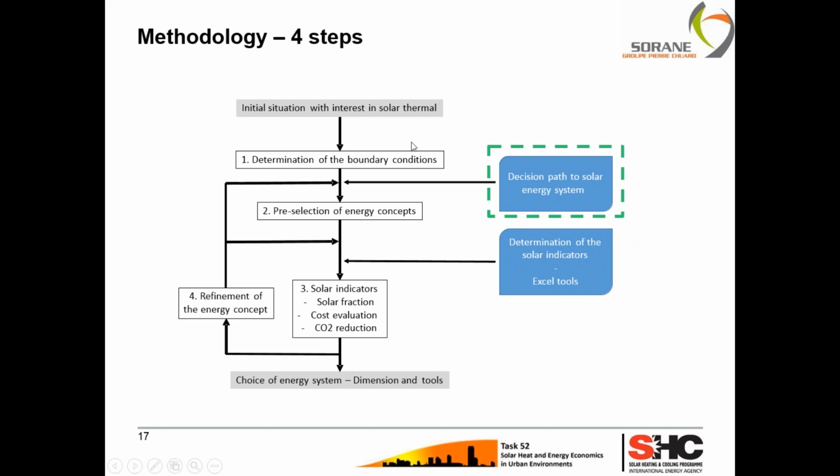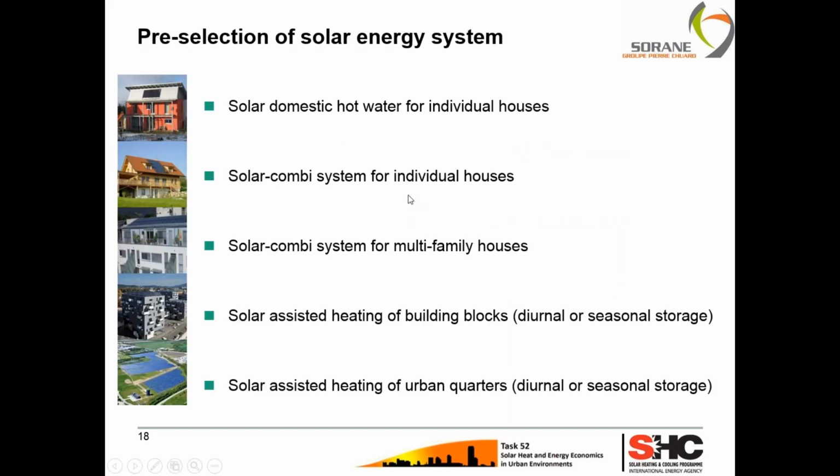And we developed a decision path, which is in fact a decision tree, to link these boundary conditions to a pre-selected energy concept. So from your boundary conditions, this decision tree can lead you to these five energy concepts that we developed in parallel in our benchmark. Here the three individual houses, and here the two solar energy systems connected to district heating.